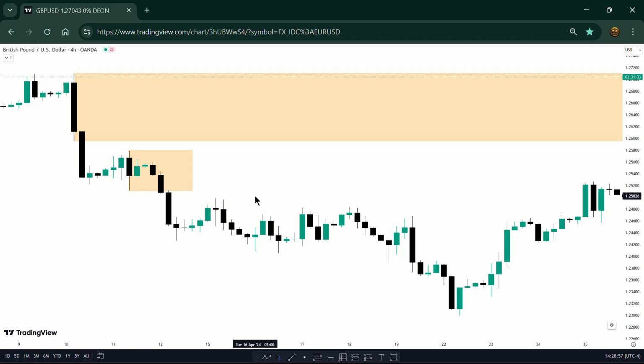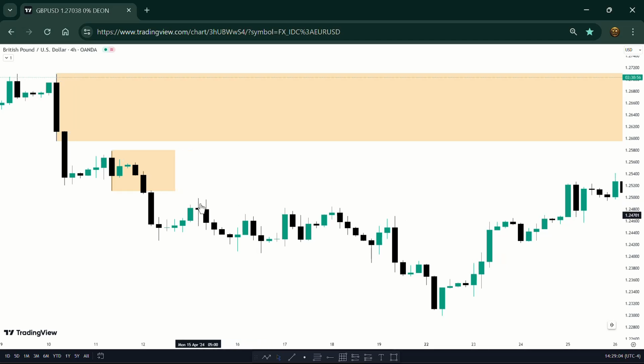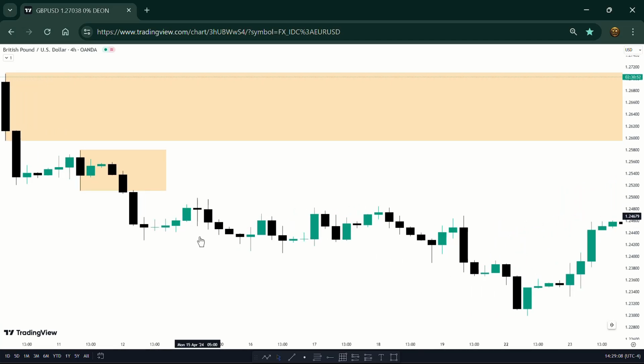So if you look down here again, this one is also a single candle order block, but this one was not confirmed by this one or this one or this one. It was confirmed by this candle right here. A third candle does not always just pop up immediately after this candle takes out the previous candle's high. It takes some time.